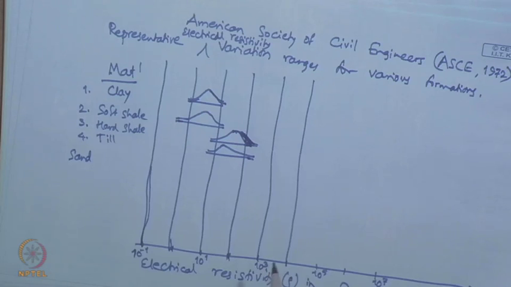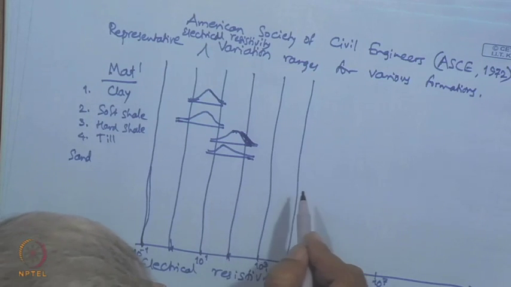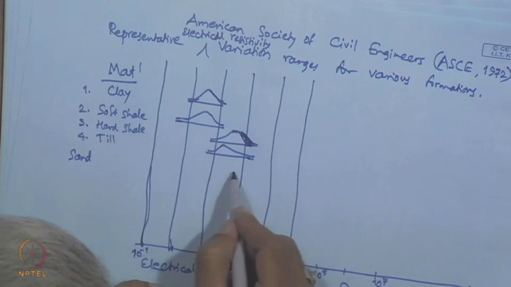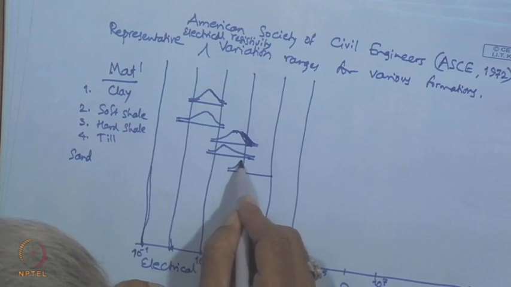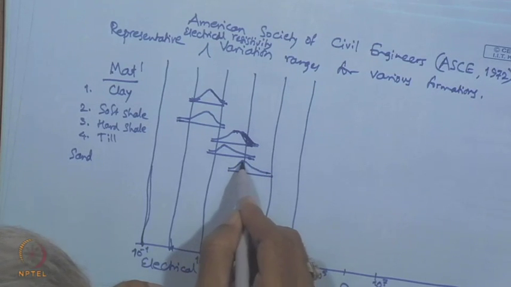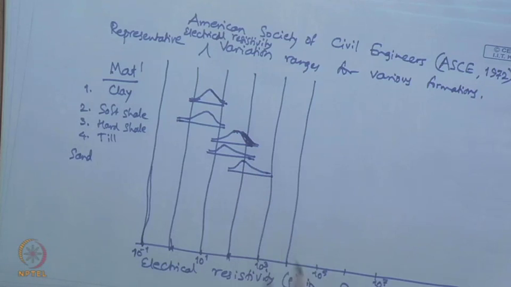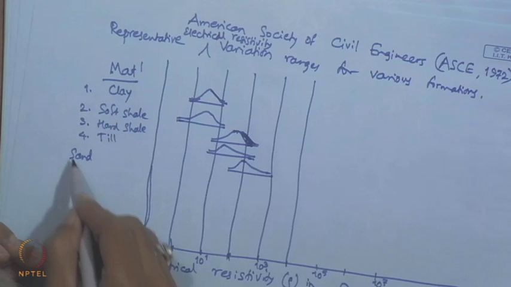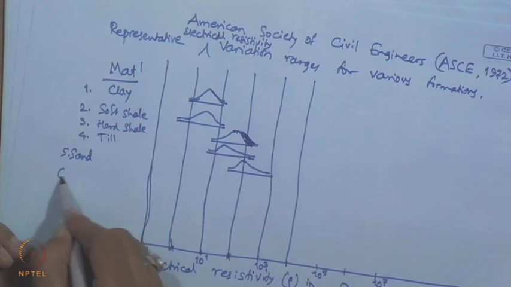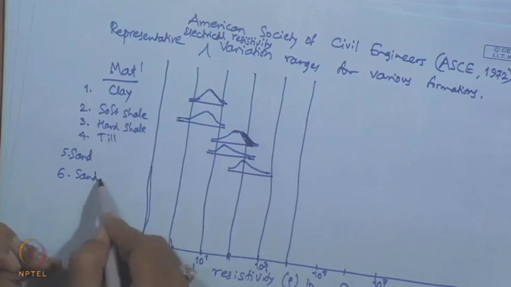Sand again is skewed to the left, with the mode around 10 to the power 2 ohm meter. The fifth one is sand, the sixth one is sandstone.